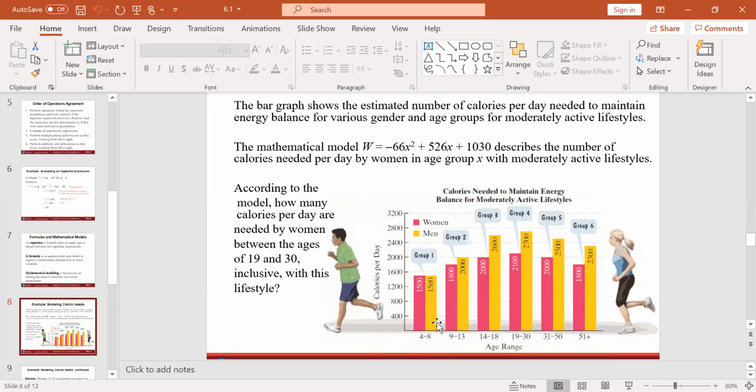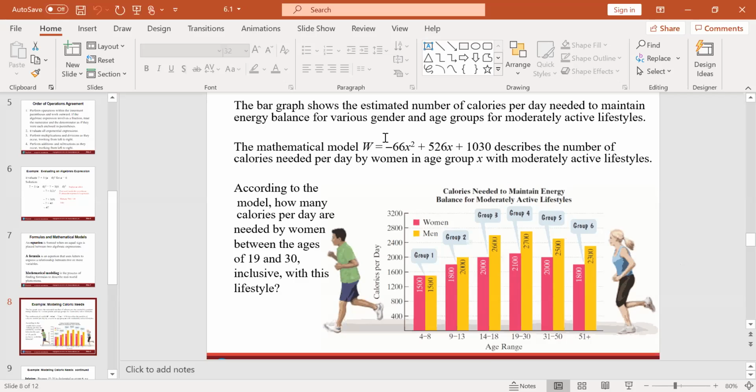So if you're in the age range of 4 to 8, children need about 1,500 calories a day, as do men if they're in moderately active lifestyles. But as you can see, as we get older, men tend to just need more calories. The truth is, on average, men are larger than women. I don't think that's a surprise to anyone. And so the larger you are, the more calories you need to consume in order to have a reasonable amount of energy.